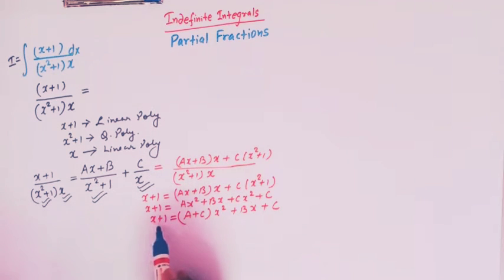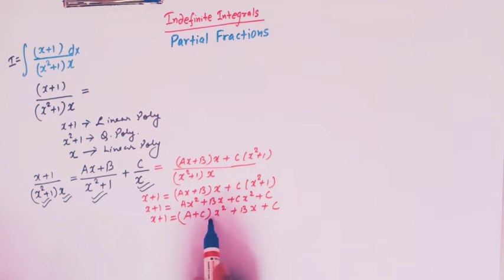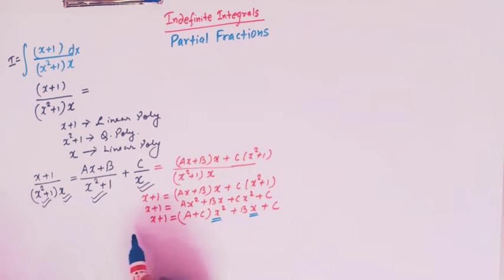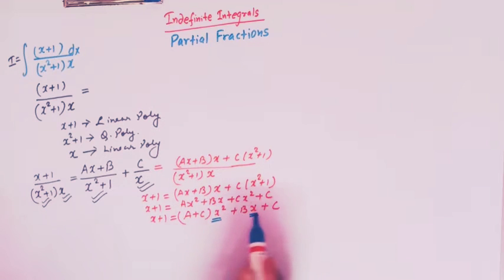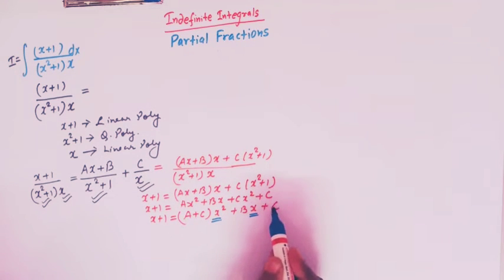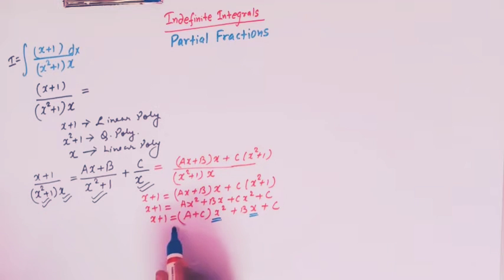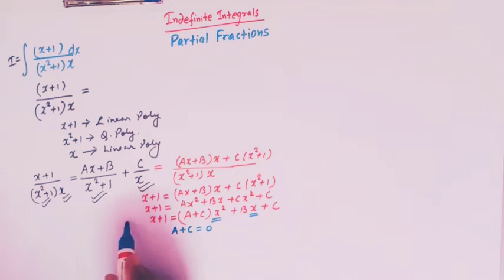So this is the left hand side and this is the right hand side. On the right hand side we have a quadratic polynomial, and on the left hand side we have a linear polynomial. If we compare the coefficients of x squared, x, and the constant term, then we have a plus c is equal to 0, because on the left we do not have any term containing x squared. So we can also write it as 0x squared plus x plus 1.